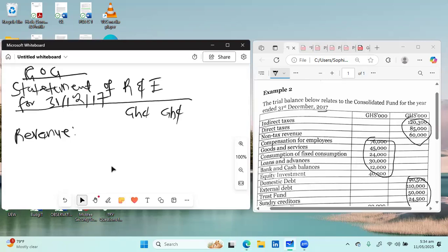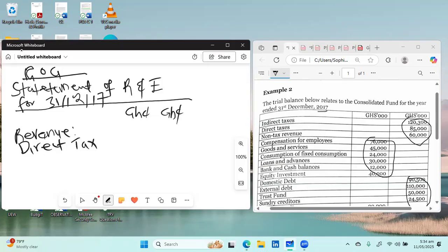So please, in this question, what are the revenue streams here? Our dear sister mentioned direct and indirect taxes. All right. So we will have our direct tax here. How much is it? 85,000.